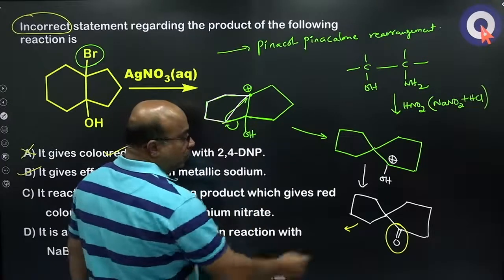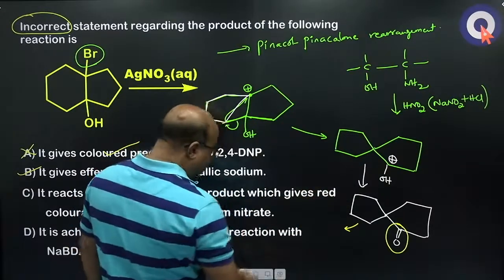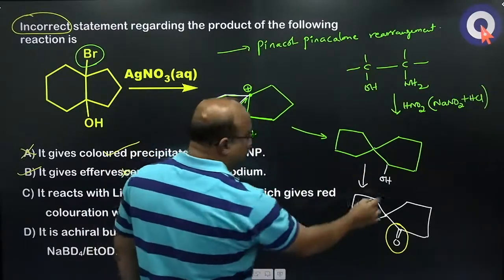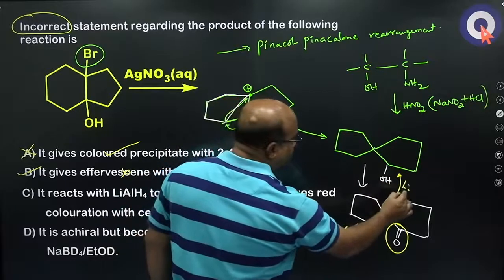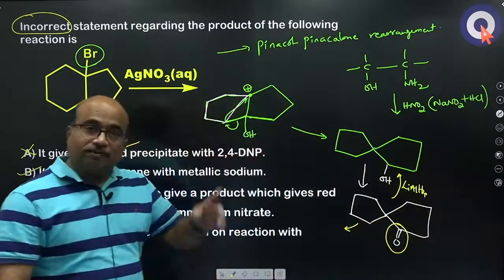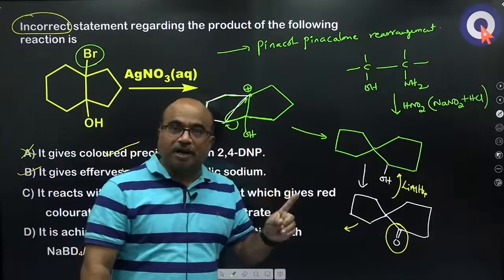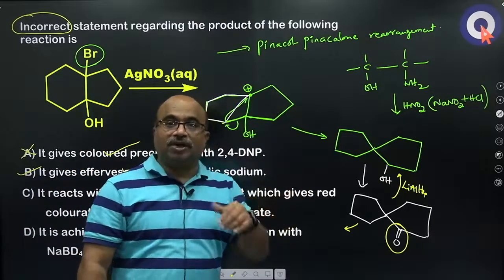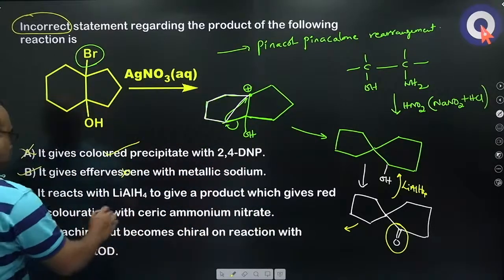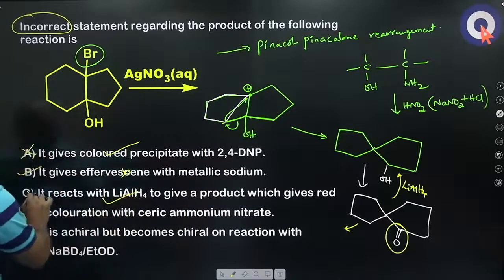So without the positive charge, if you react with lithium aluminum hydride, this will be the product. Secondary alcohols and primary alcohols will react with ferric ammonium nitrate, CAN, and give red color. So this statement is also correct, but not our option.